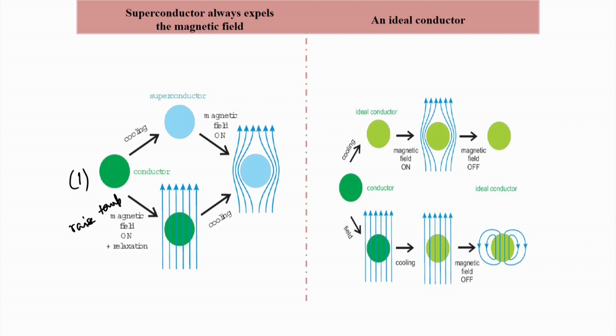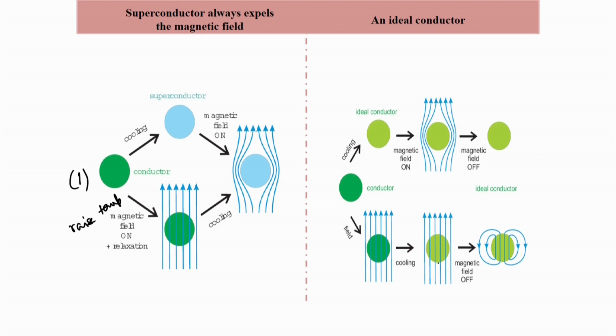Now, what happens for an ideal conductor? The magnetic field is on, it is cooled, the magnetic field is off, and the flux lines completely vanish. If it is put in a magnetic field, the magnetic field will penetrate.